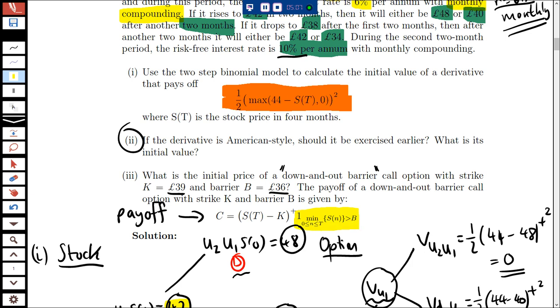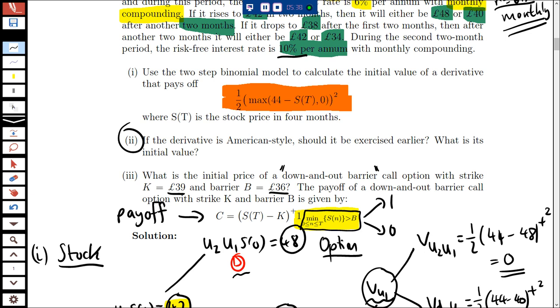So for this equation, what it means is the output is 1 if the condition is satisfied. If the condition is not satisfied, then the output is 0. So this could be 1 or it could be 0. It's 1 if this condition here is true and 0 otherwise.